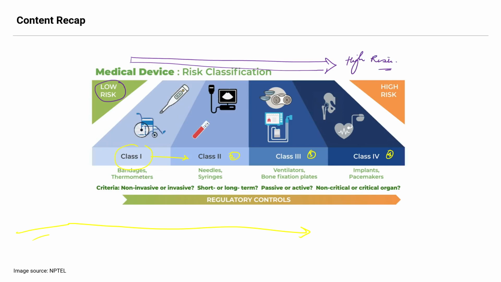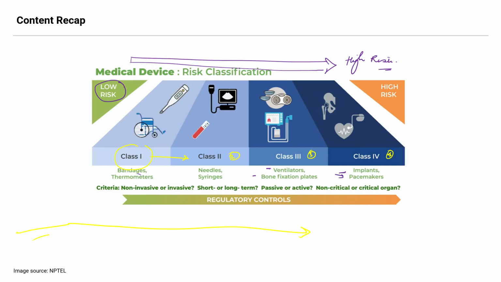So these are class one, which includes thermometers and band-aids. These are pretty much non-invasive. Then comes your needles and syringes. Then comes your ventilator, bone fixation plates, and active devices, probably like pacemakers and implants, which are continuously being used.